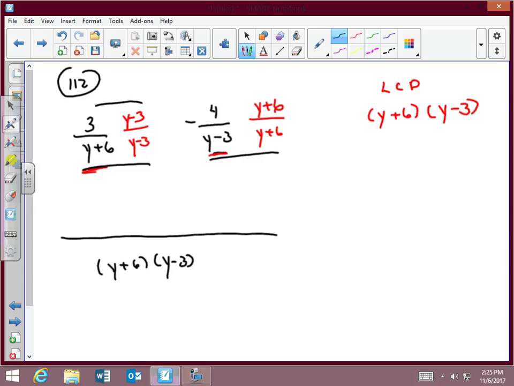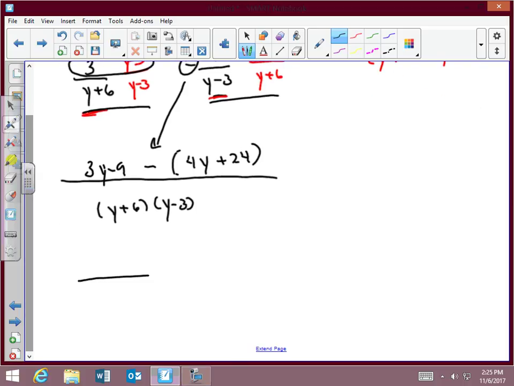Now you multiply this out, and that's 3y minus 9. Minus. Do I have to bracket that? This minus came down. I better bracket that, right? 4y plus 24. So that I don't lose my signs.